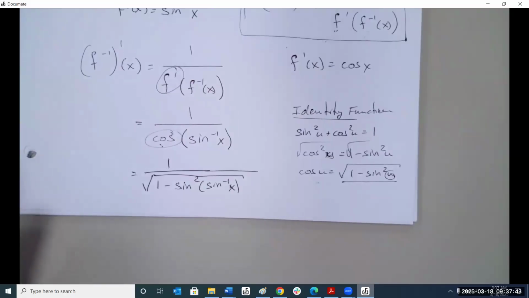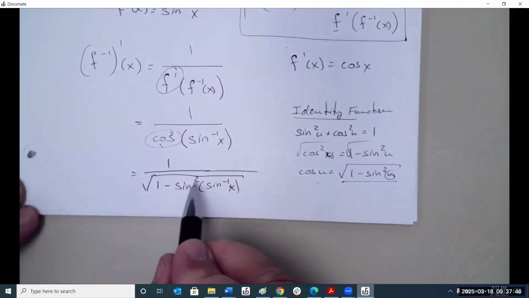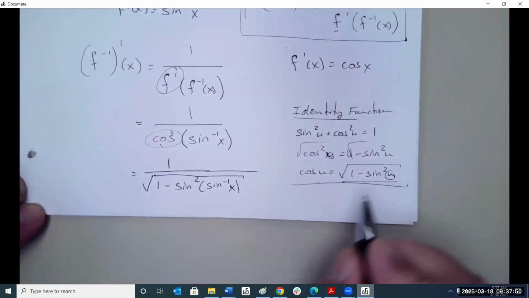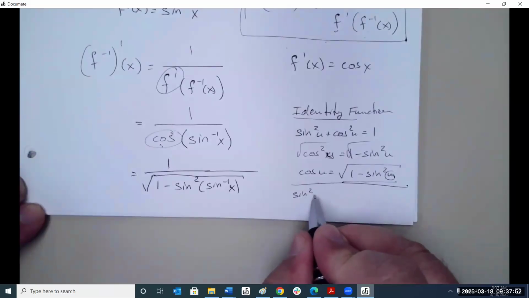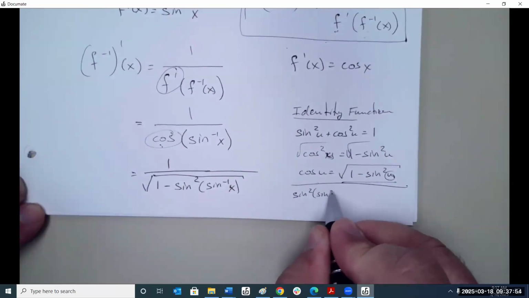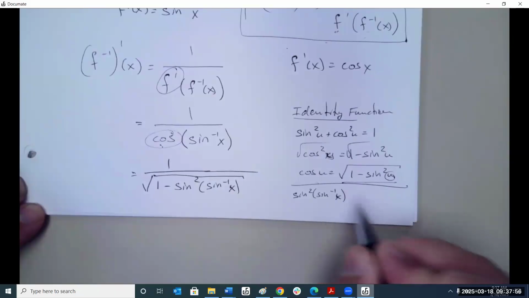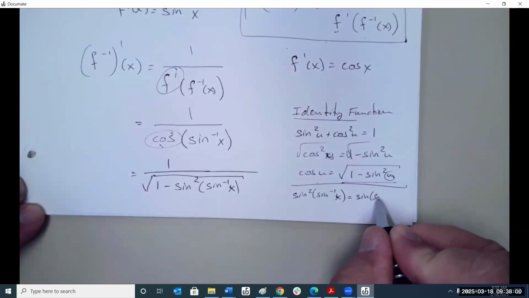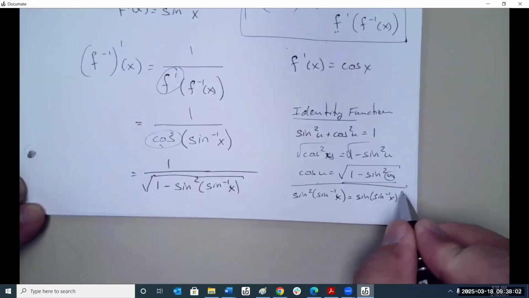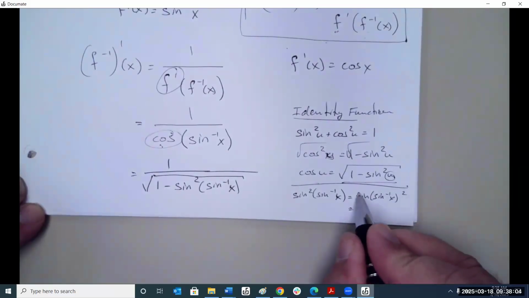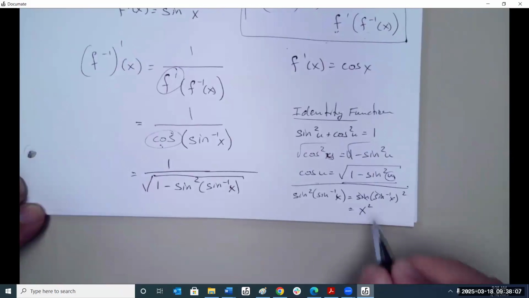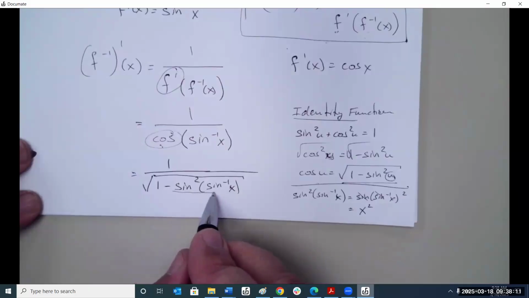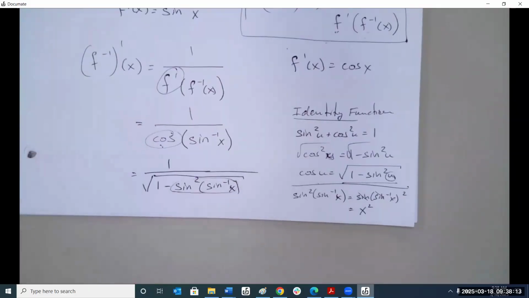So far, so good. Now, sine squared times inverse sine equals sine inverse squared. So these cancel, so it becomes x squared. So this becomes x squared.